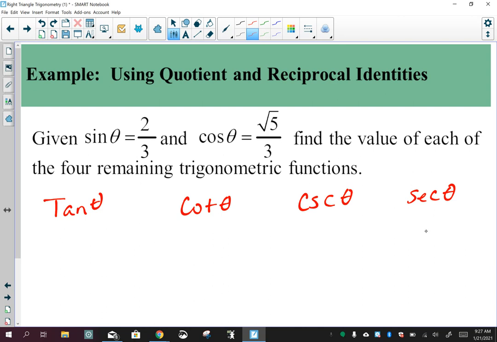Remember, all this is of theta, the angle in question. We'll do the reciprocals first because those are the easier ones. Cosecant is the reciprocal of sine, so that 2/3 becomes 3/2. Secant is the reciprocal of cosine, so that's 3 over the square root of 5, which is the same thing as 3 square roots of 5 over 5.